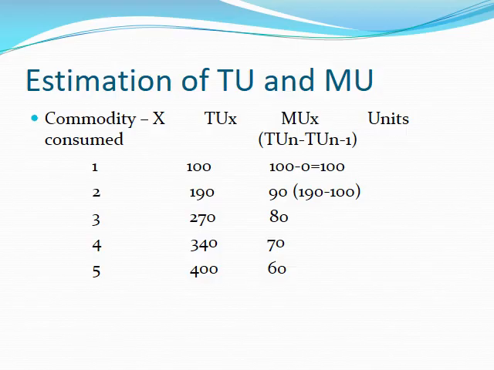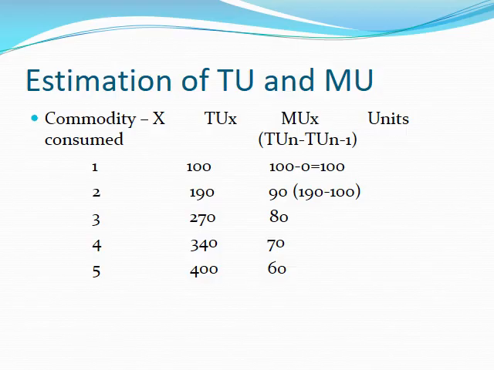Marginal utility is calculated by TUn minus TUn-1. From the consumption of the first unit, total satisfaction derived is 100. Before this, we didn't consume any unit, so satisfaction was 0. So in the first case, marginal utility is equal to 100 minus 0, 100.